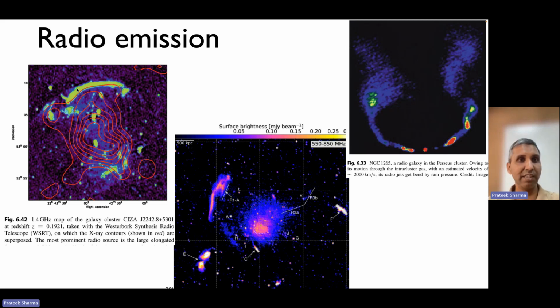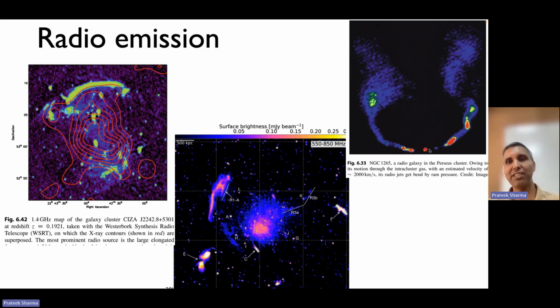In addition to these relics, which are at the edges of the clusters, you have this diffuse radio emission called radio halos. Okay, so these are associated with the cluster, with the gravitational structure of the cluster. Here is an AGN. This is a radio galaxy.